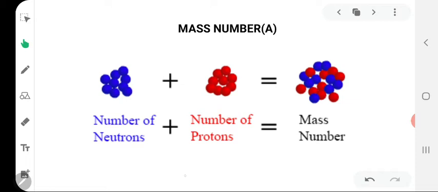So mass number is number of protons plus number of neutrons, and it is symbolized by the alphabet A. So if we know the mass number and atomic number of an element, we can calculate the number of protons, electrons and neutrons, and also predict the composition of the atom. That is, atomic number is number of protons, further equal to number of electrons, and mass number is number of protons plus number of neutrons.